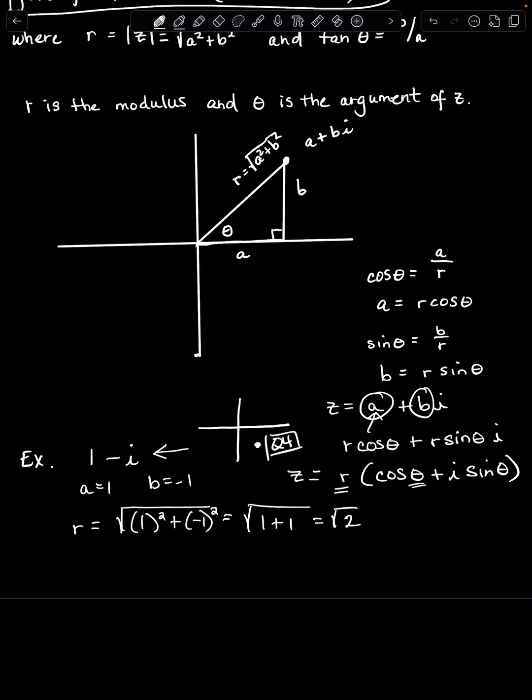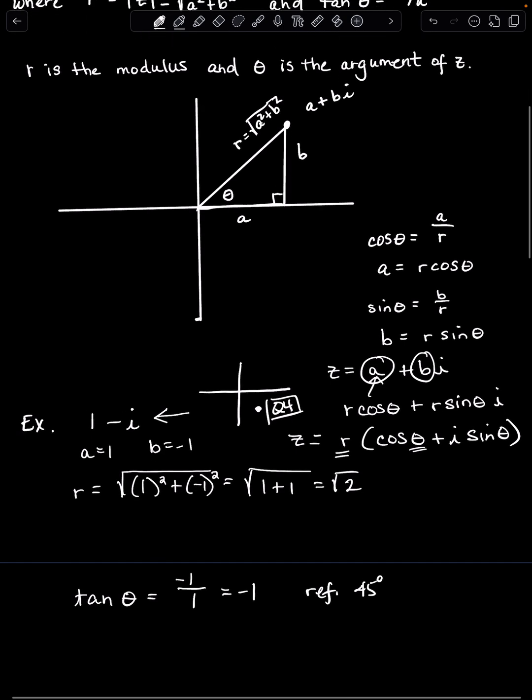When I find tangent of theta is b over a, or negative 1, I know that my reference angle is 45 degrees. And from quadrant 4, it's going to be 360 minus 45 degrees, or 315 degrees.